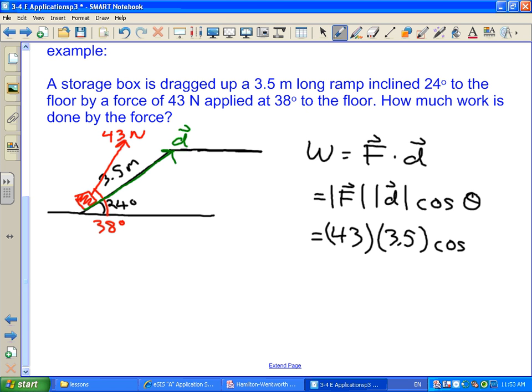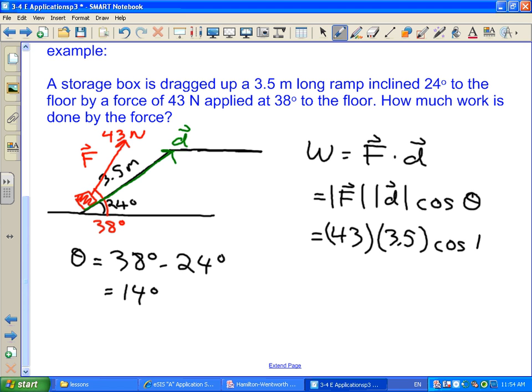We're pulling up. Our force up here is in red. It is at an angle of 38 degrees to the floor. So what is the angle in between those two vectors? Yeah, we just take the difference between them. 38 degrees minus 24 degrees gets me 14 degrees.